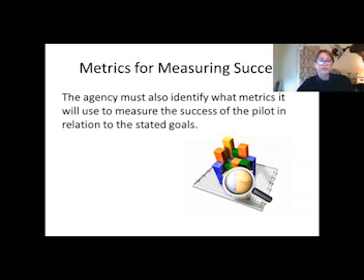Metrics for measuring success. You need to identify in your proposal what metrics you're going to use to measure the success of your pilot. So you have your goals. How do you determine what your metrics for success are going to be?